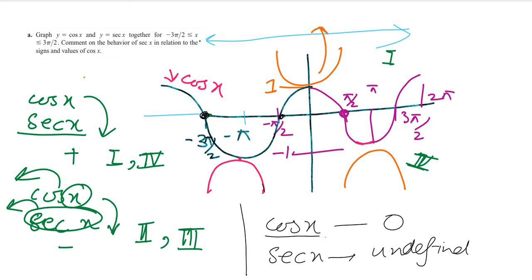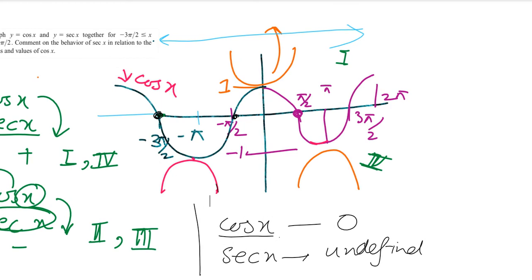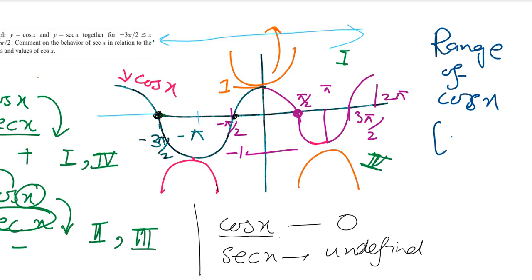The range of these two functions. Let me just use some more space over here. The range of cos x will be from -1 to +1.